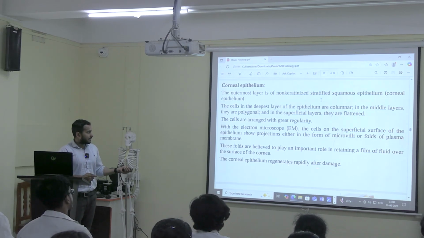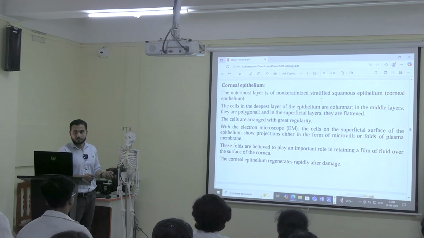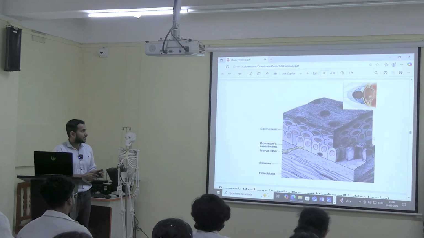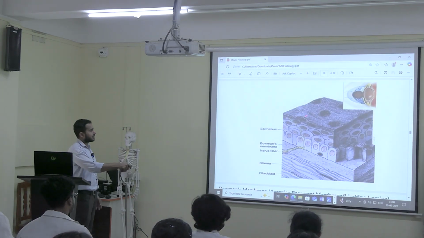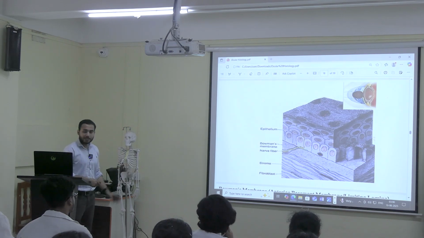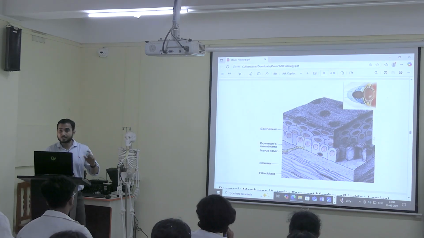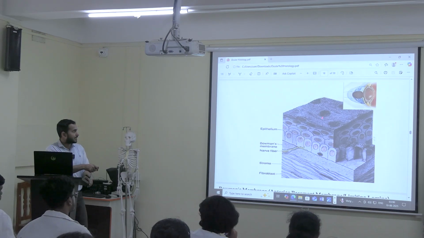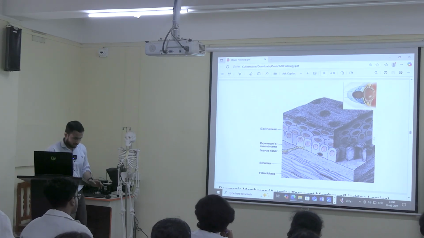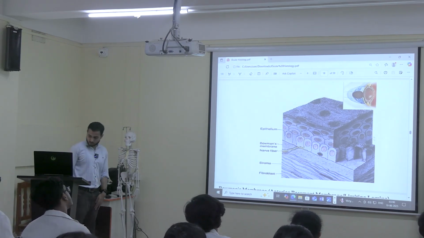Now the corneal epithelium regenerates rapidly after damage. So this is the corneal epithelium. Before going to the next layer, here you can see it is a microscopic structure but a 3D diagram. In this 3D diagram, can you see the corneal epithelium? This is a very nice image.